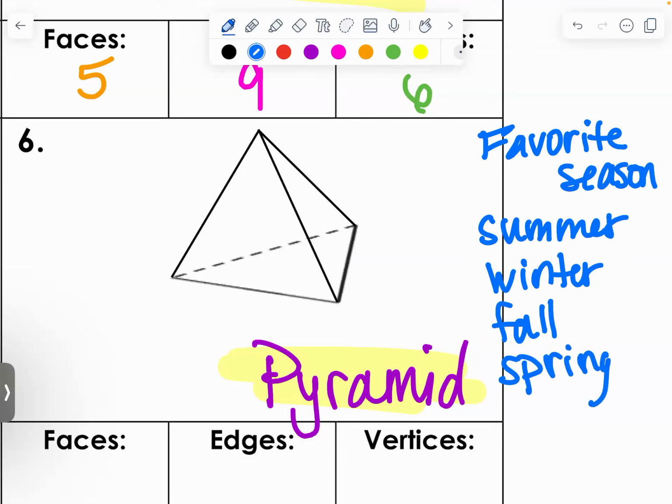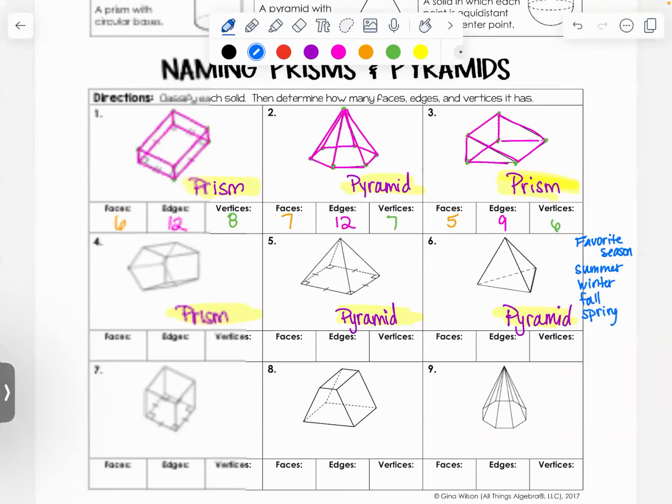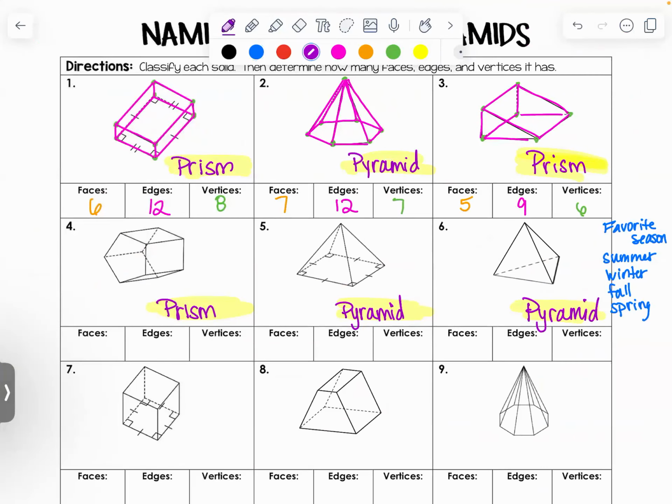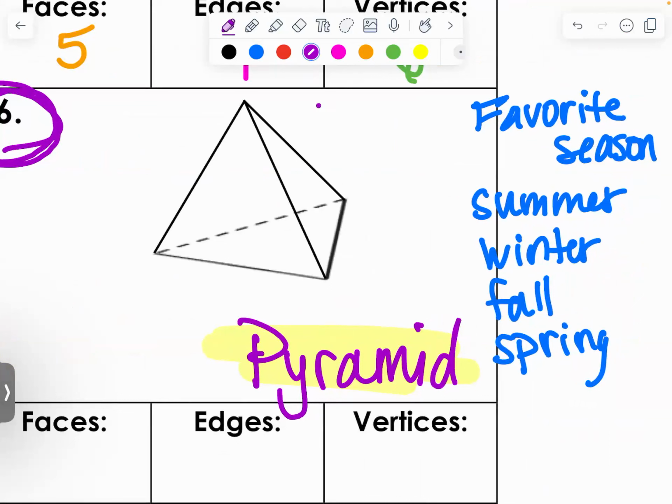Everybody has to stand up when I say go. You're going to walk to a corner of the room, and with the group that is with you, you are going to work through number 4 and number 6 together.